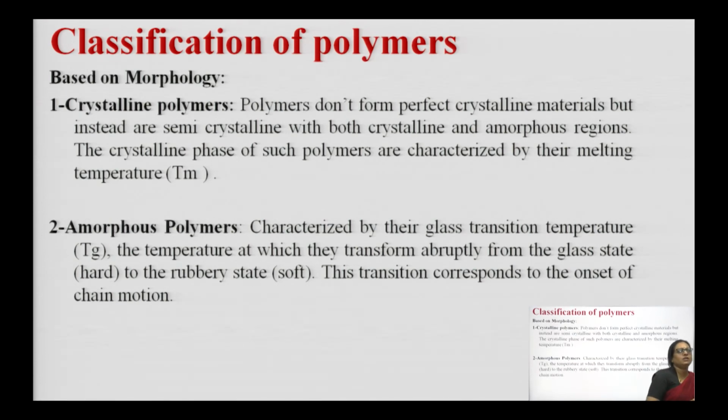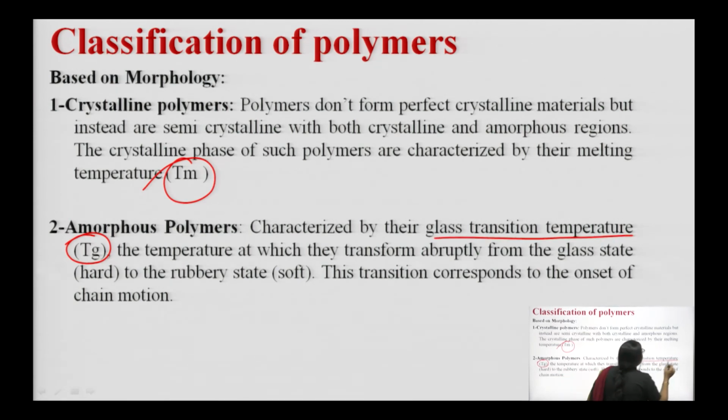Based on the morphology, polymers may be classified into crystalline and amorphous polymers. Although these polymers lack a definite or perfect crystalline structure, as well as amorphous, they will always be found as a mixture of crystalline and amorphous forms. The crystalline forms of polymers are characterized by their melting points, denoted as Tm, whereas amorphous forms of polymers are characterized on the basis of their Tg, which is called the glass transition temperature.